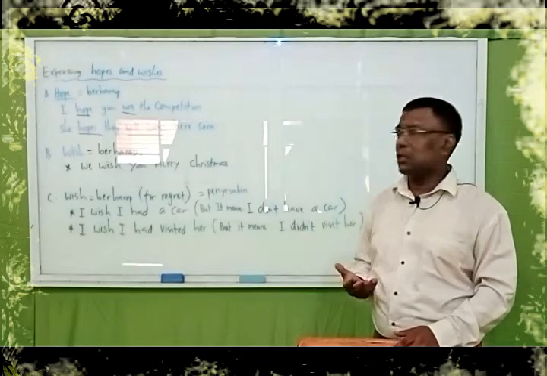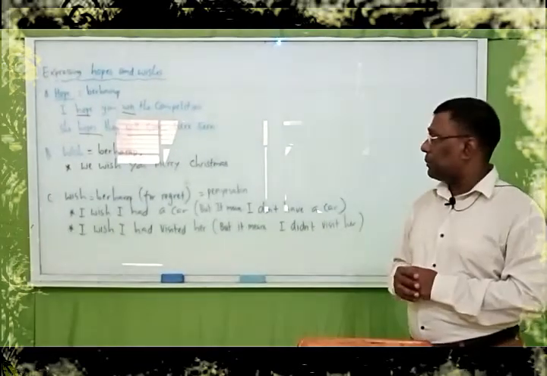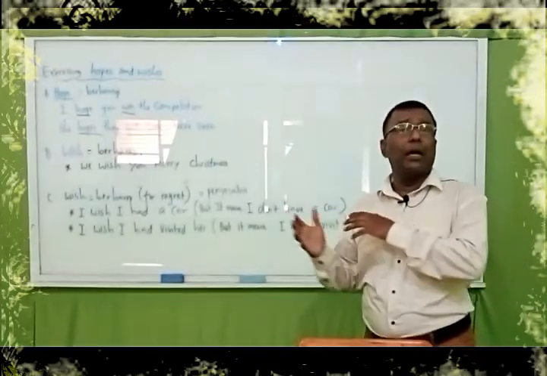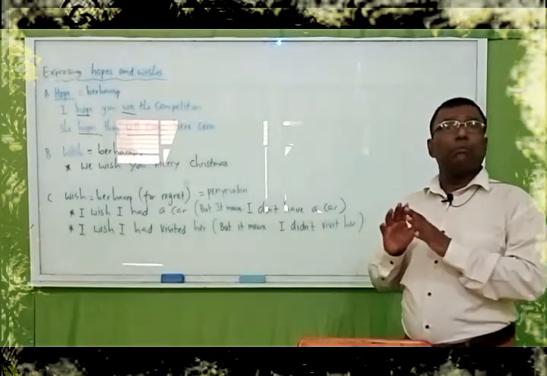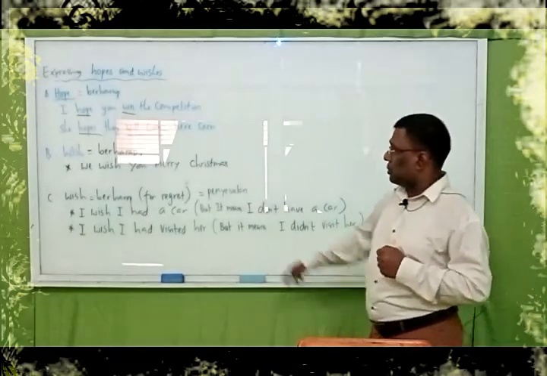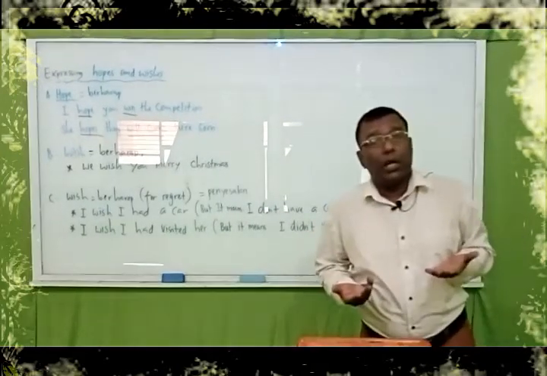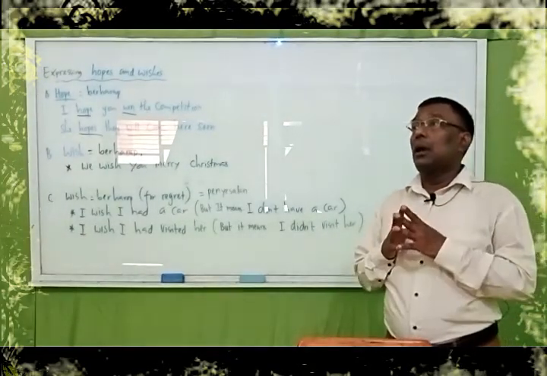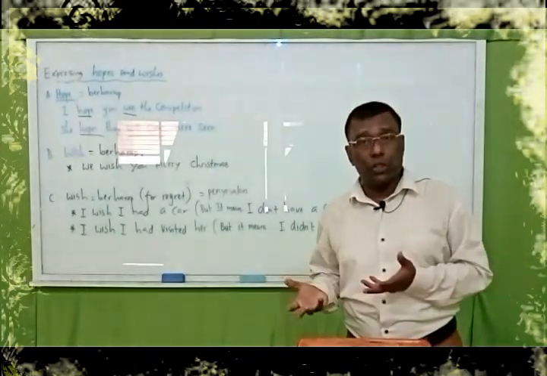According to the tenses, I wish I had a car. It has a different meaning. It's not the reality because it is regret, so it means I don't have a car. For example, I am poor, so I wish I were rich.